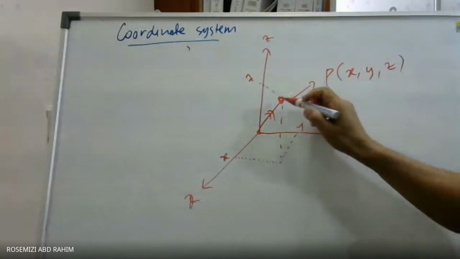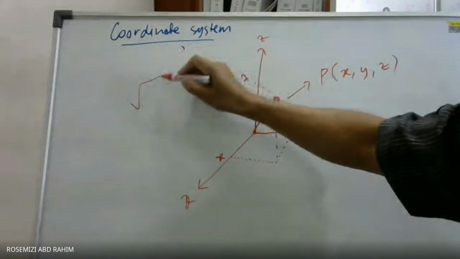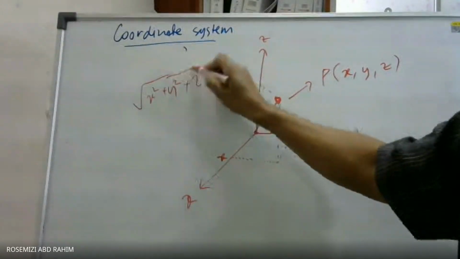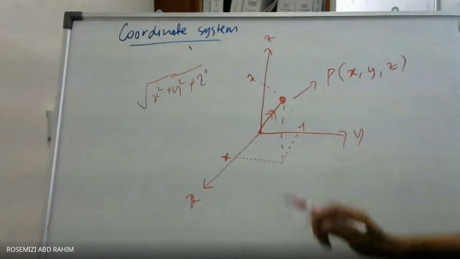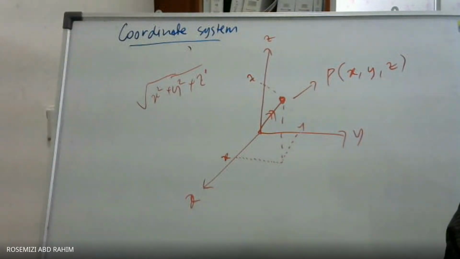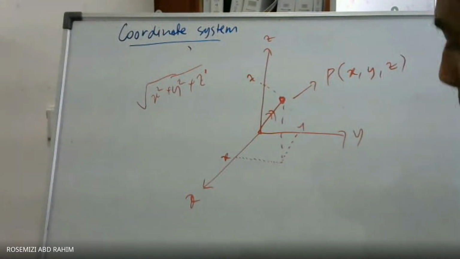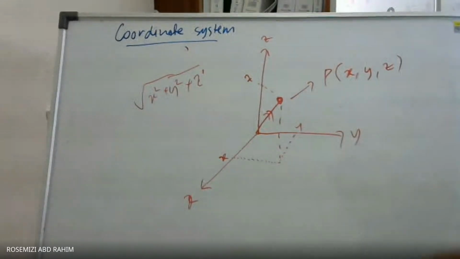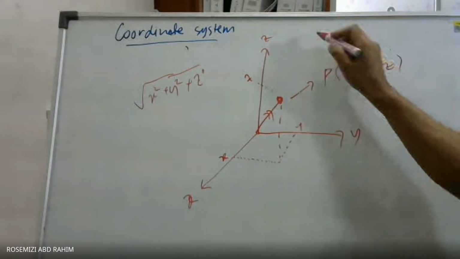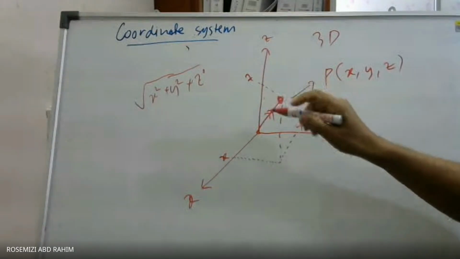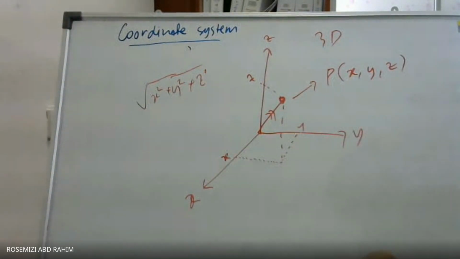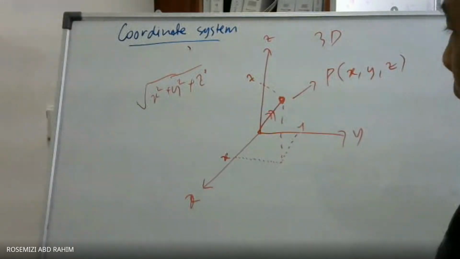This magnitude is equal to x squared plus y squared plus z squared. Okay, this one is Cartesian coordinate system. We call this 3D system, 3D, because we have 3 dimensions, x, y, and z dimension. So we call it 3D dimension.